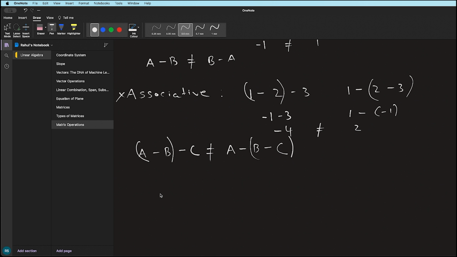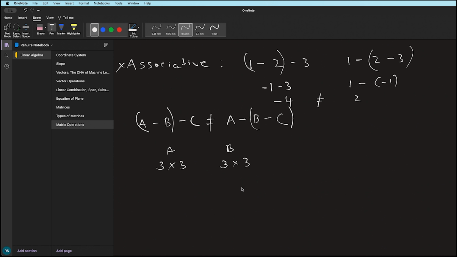For example, if the shape of matrix A is 3 cross 3 and B is also 3 cross 3, we can perform matrix addition and subtraction because both matrices have the same dimension. But suppose one matrix is 2 cross 3 and the other is 3 cross 2. In this case, we cannot perform matrix addition or subtraction.